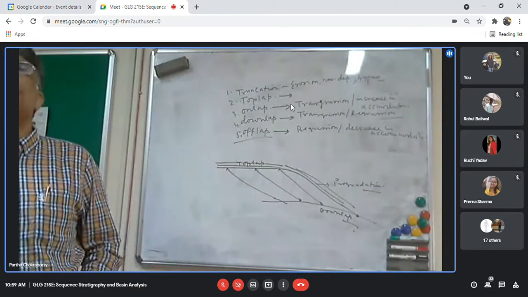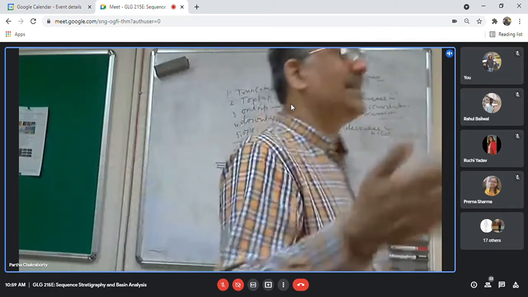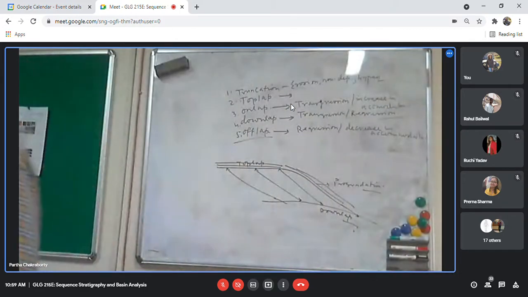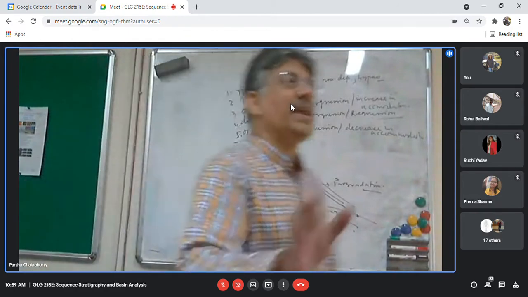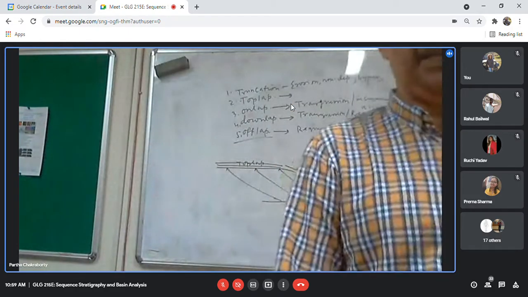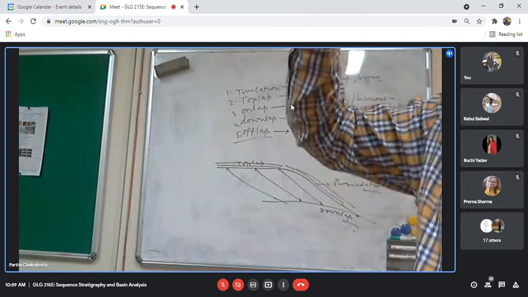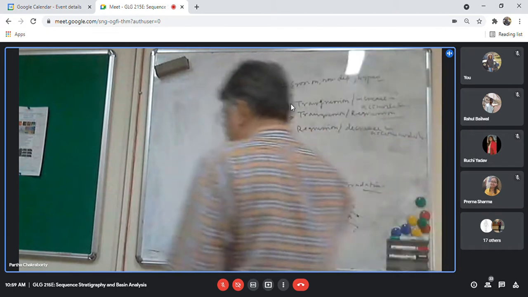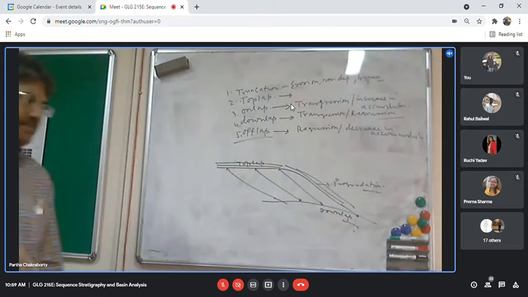I said the normal 3D seismic resolution level is 10 meters. So below 10 meters, seismic cannot resolve anything. They are now working to resolve thinner strata, but that is a different story and we are not going into that. Normally, seismic cannot resolve it.